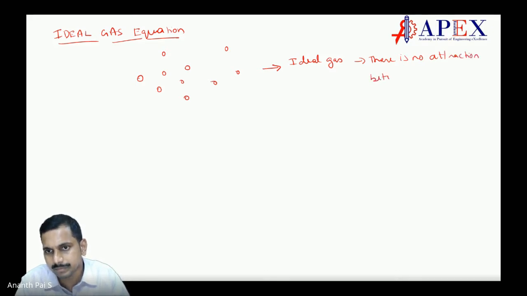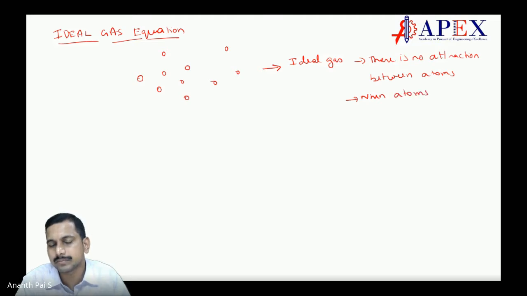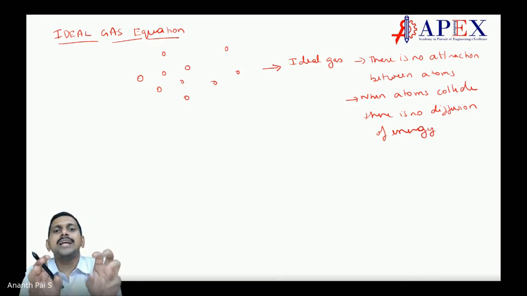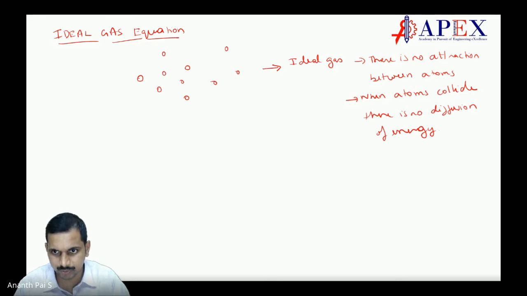And when atoms collide, there is no expense of energy or diffusion of energy. No heat is produced. These are the two things. Or there is no elasticity; it is an inelastic collision. Okay, or you can call it inelastic collision.